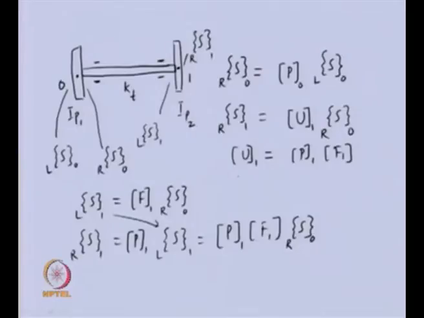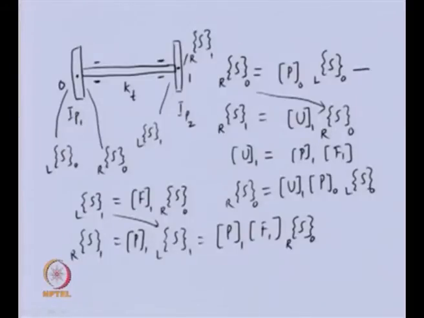Now we can get the state vector by substituting this here. We can get the state vector right of 1 as U1 into P0 times the state vector left of 0. Basically, the first equation was substituted in the second equation, and we got this.